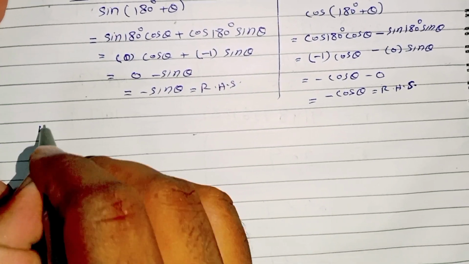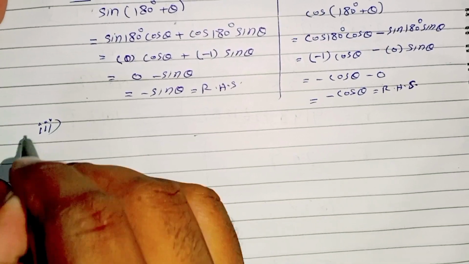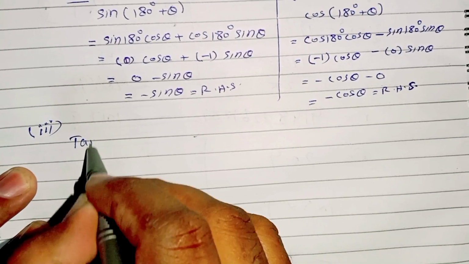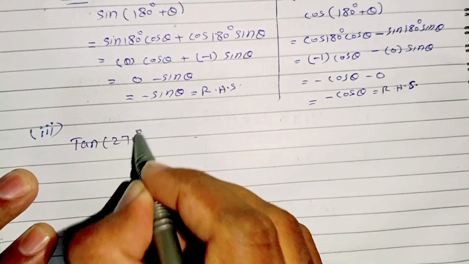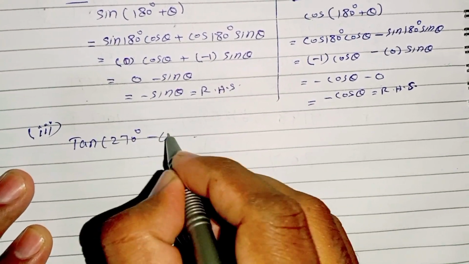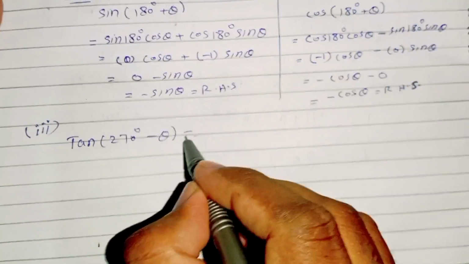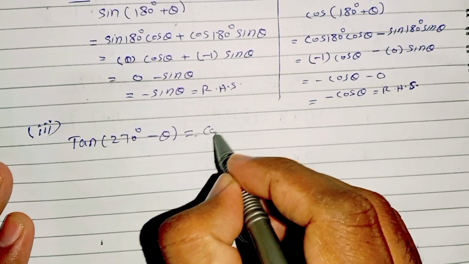Part number 3 of question number 1, tan(270 degree minus theta) is equal to cot theta.